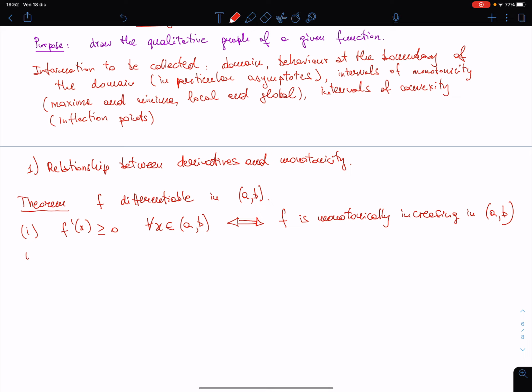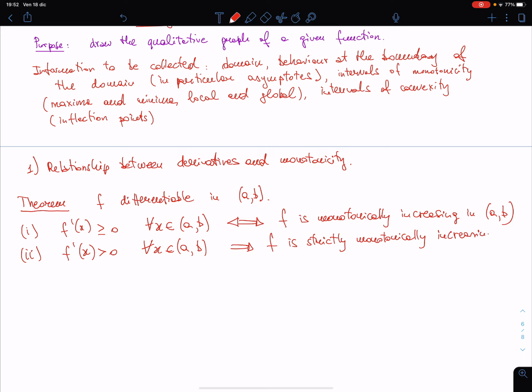Second, if the derivative is strictly positive, so f prime of x larger than 0 for every x in AB, then f is strictly monotonically increasing in AB.